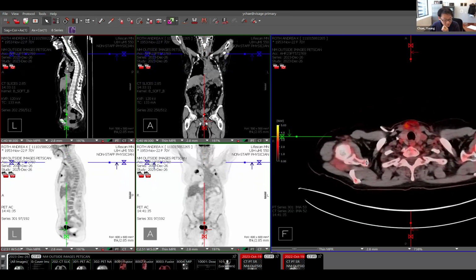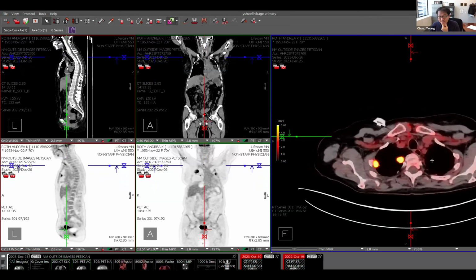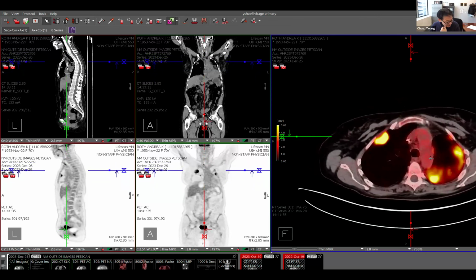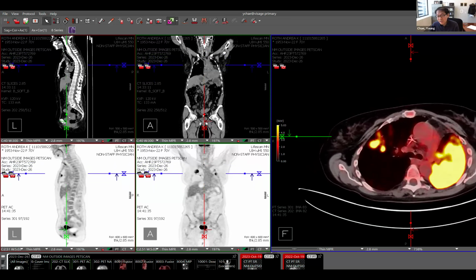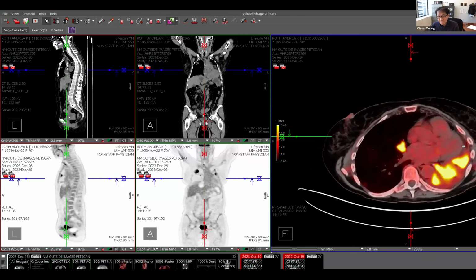Oh, no, no, it's left pleural, right? Sally, yeah, the left pleural. So it's kind of abutting it here.